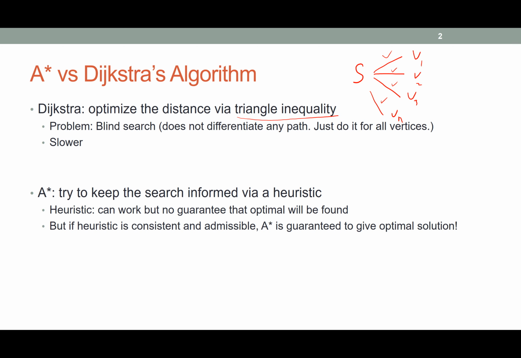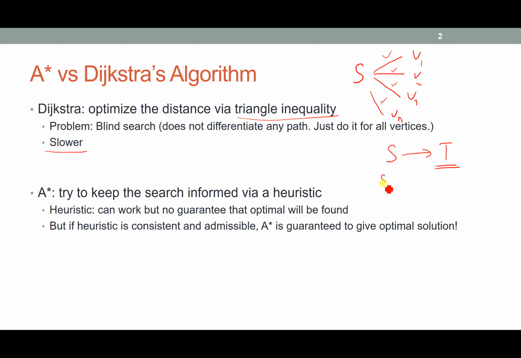And because of that, it kind of blindly tries to do this without worrying too much, because Dijkstra's is meant to find the shortest distance to every vertex from the source. So it is kind of slower if all we care about is to go from S to T. This is the specific target.